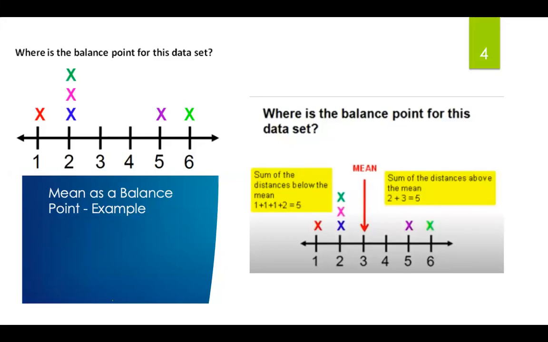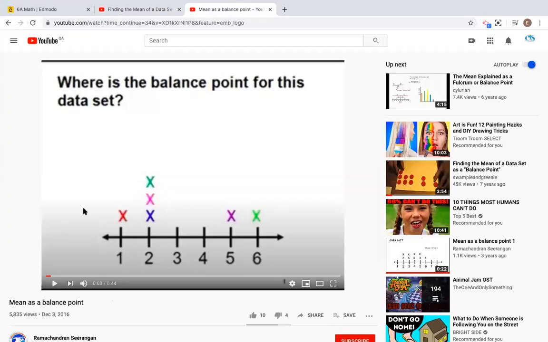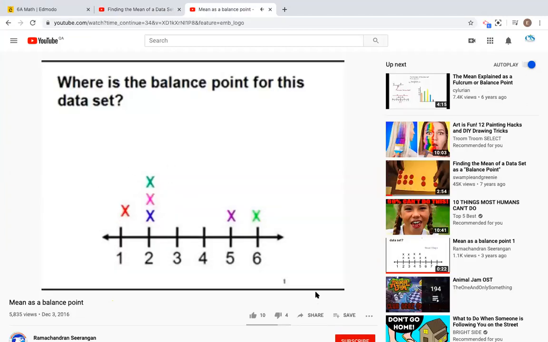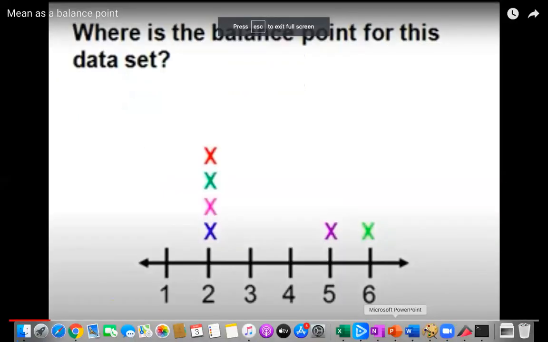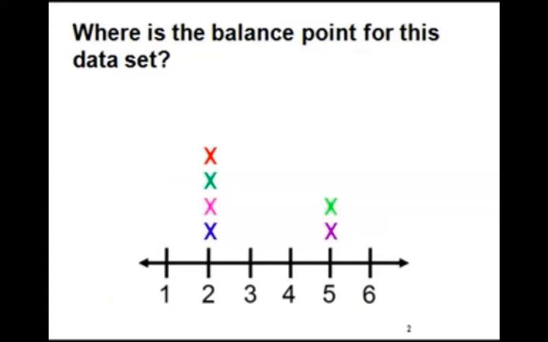I will show you another video that would help you discover the answer. So this is the data I have. Pay attention. Can you see? It's moving only one place or space at a time.